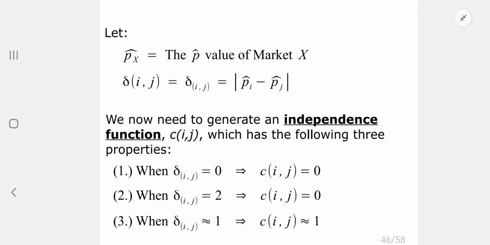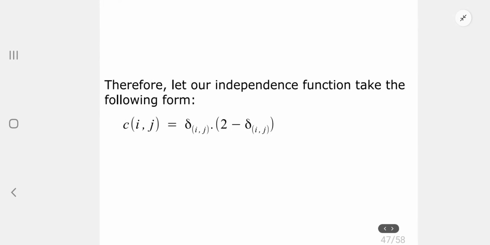And number three, when delta_ij approximately equals 1, then C_ij approximately equals 1. Therefore, let our independence function take the following form. C_ij equals delta_ij times 2 minus delta_ij.